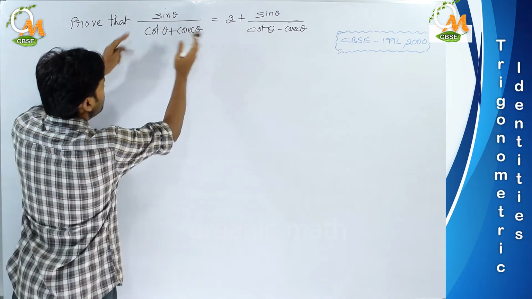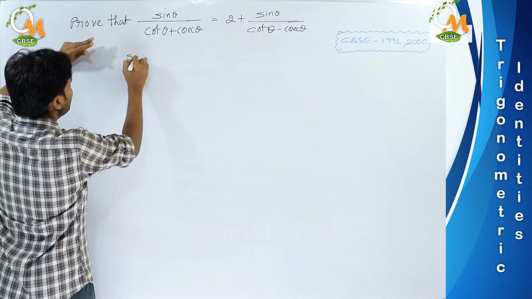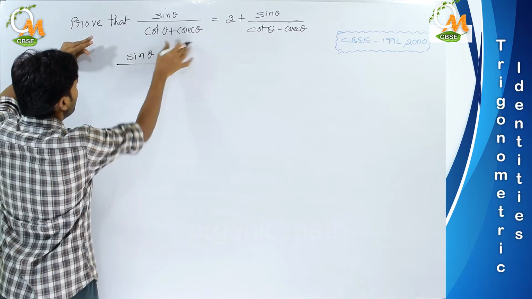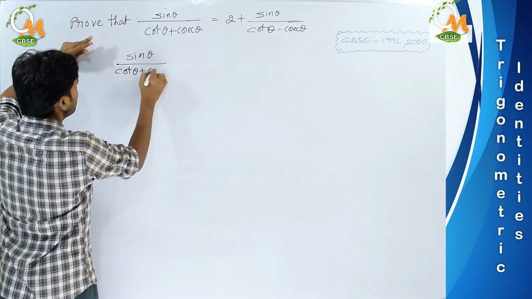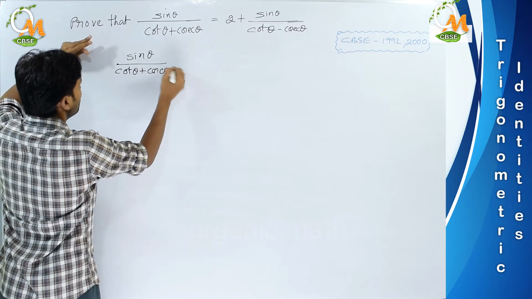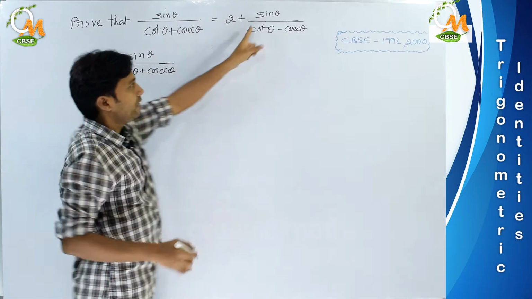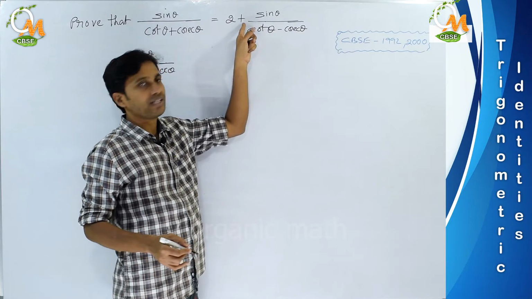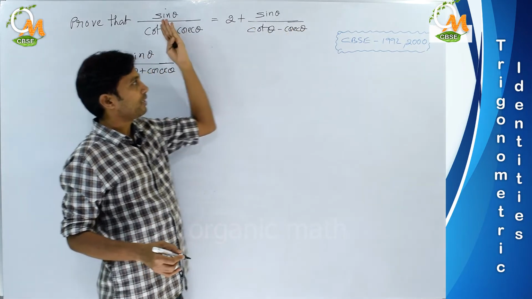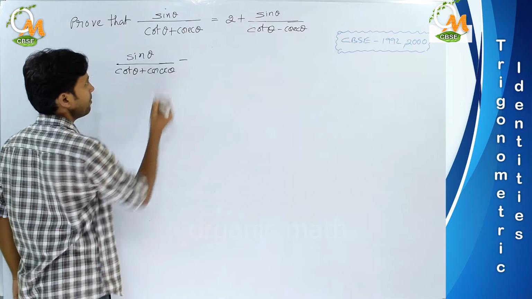Just see here, now do the rearrangement. Sine theta by cot theta plus cosecant theta, and this sine theta by cot theta minus cosecant theta has a plus symbol here. So if you take it to the other side, this becomes minus.